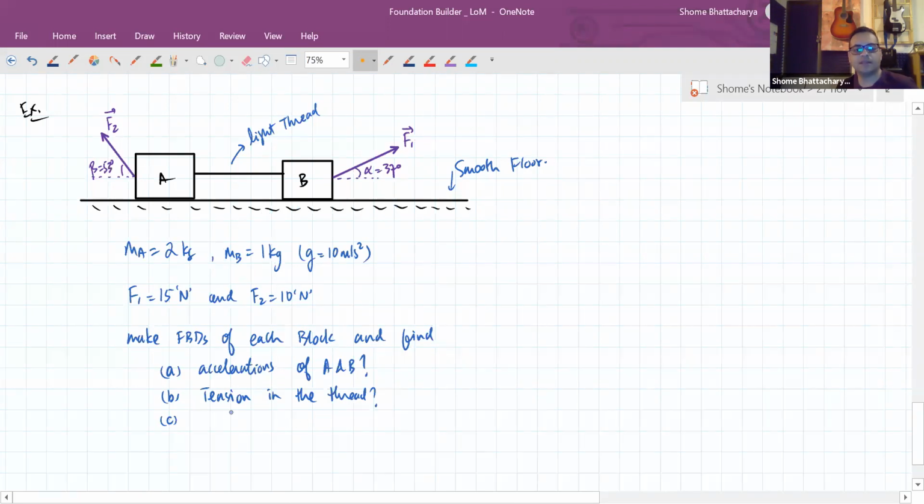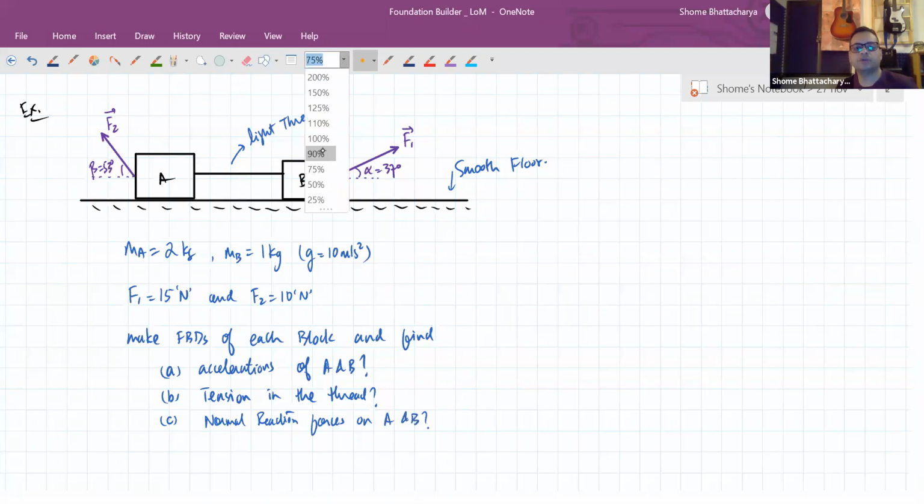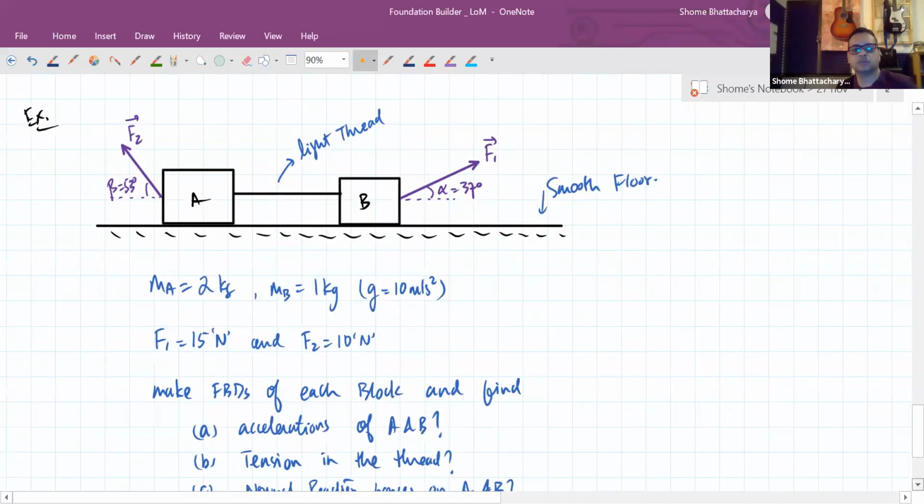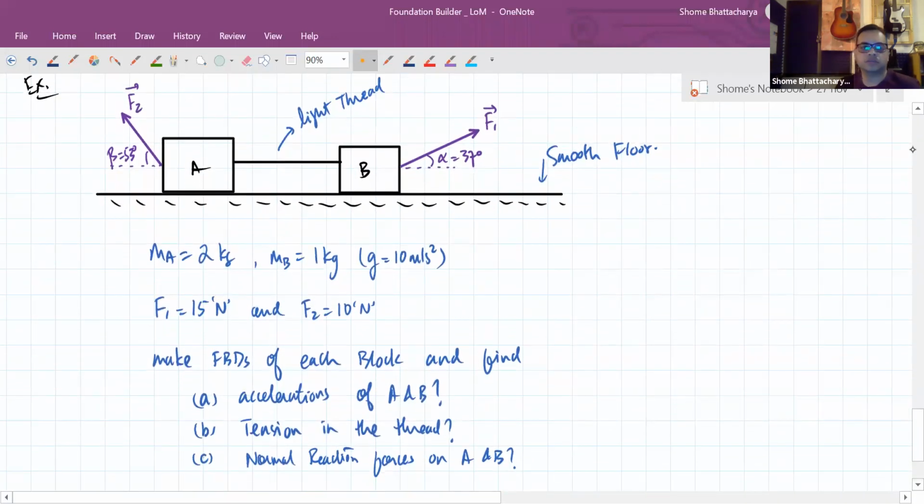They will have a common magnitude of acceleration. So using the free body diagrams, you have to calculate all these three things. Try out this question quickly, people.